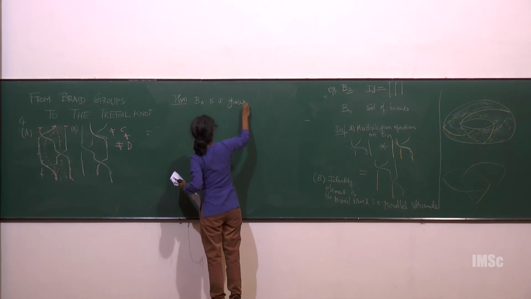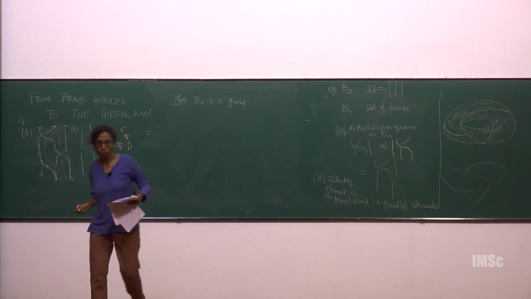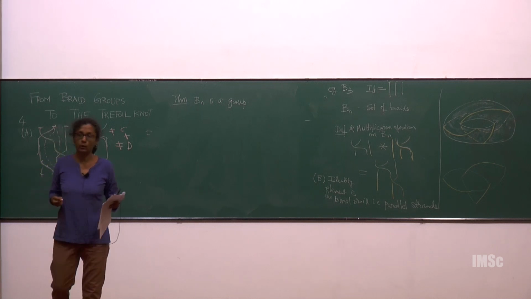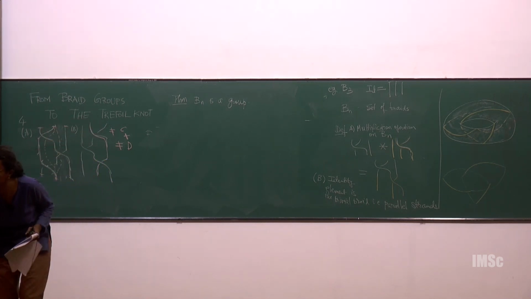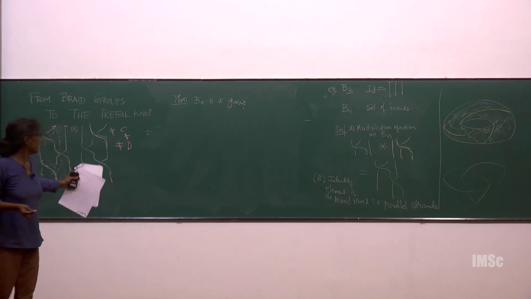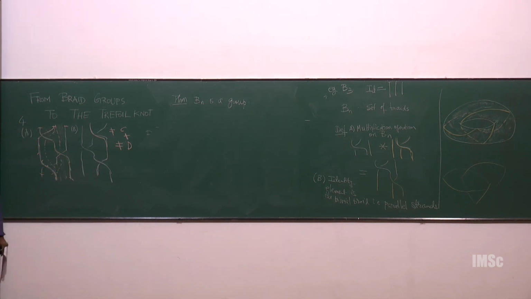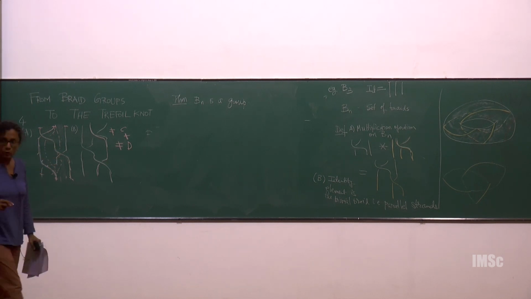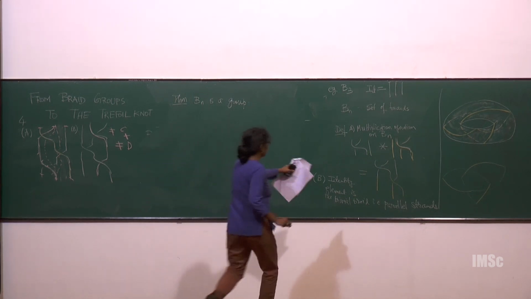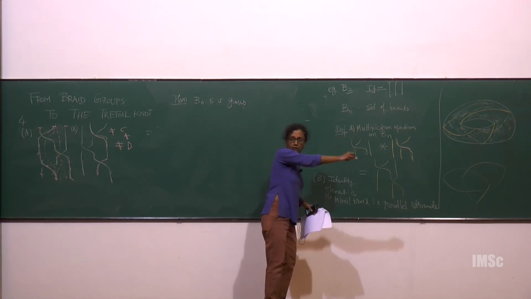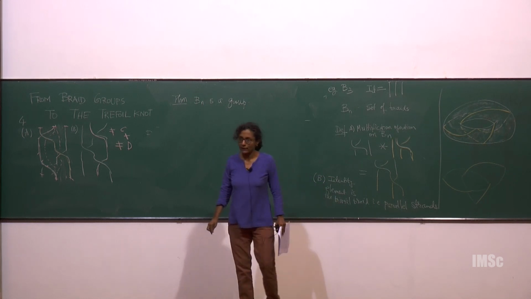So in order to show that Bn is a group, what do I have to do? Louder. Closure. So yeah, if you multiply two braids, you should get a braid. That kind of follows from how it is defined. That is fine. Then what else do you check? Associativity, right? So you just have to check if there is three of them, it's one after the other after the other. So that is also obviously satisfied.